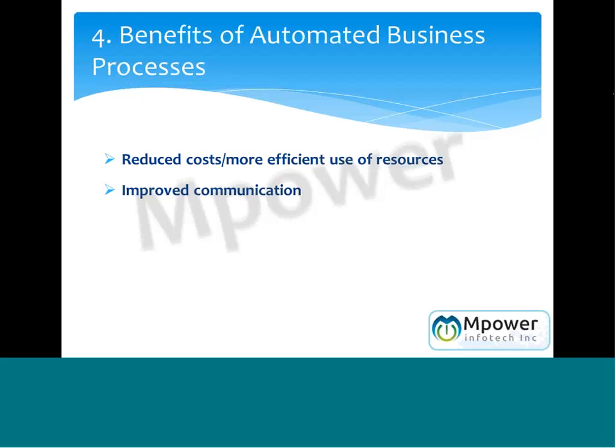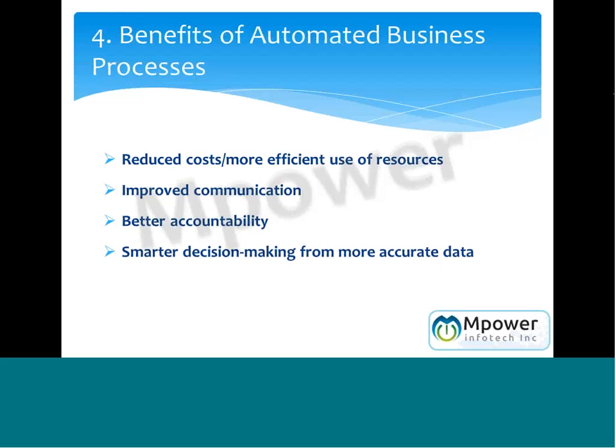Gone are the days where we have to wait for a credit card approval for 10 weeks. You apply for a credit card, and if you're eligible, you could get it within 2 days. Better accountability, and obviously, it also enables the business users to make smarter decisions with more accurate data.